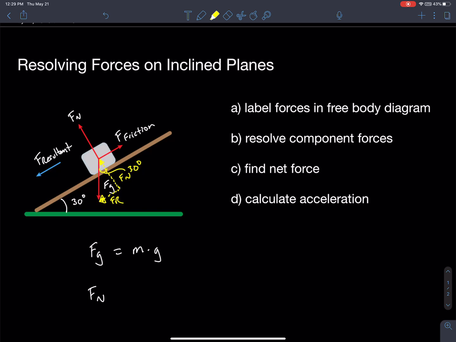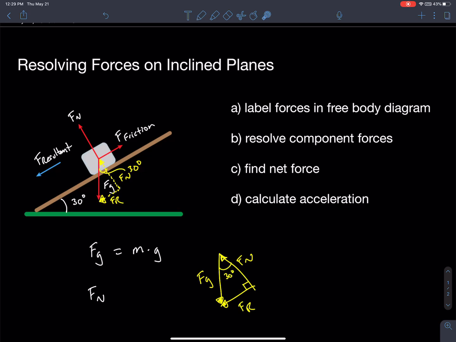So if I want to redraw that triangle, I'm going to redraw it right over here. Okay, this is a right-angled triangle. This is my Fn, that's my Fr, and that's my Fg over here. And that angle is 30 degrees.